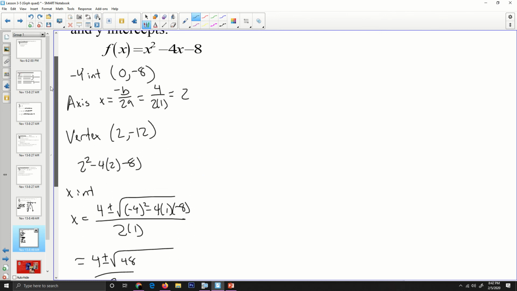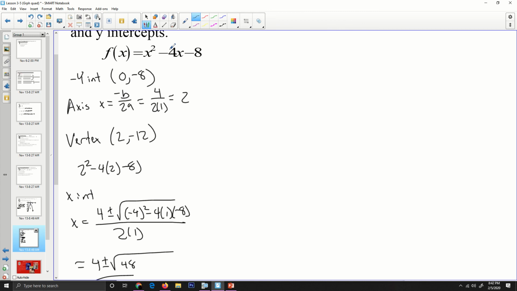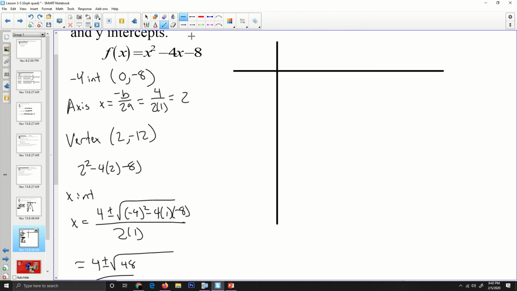So let's plot those things there. Let's go 1, 2, 3, 4, 5. That should be good enough on the x-axis.